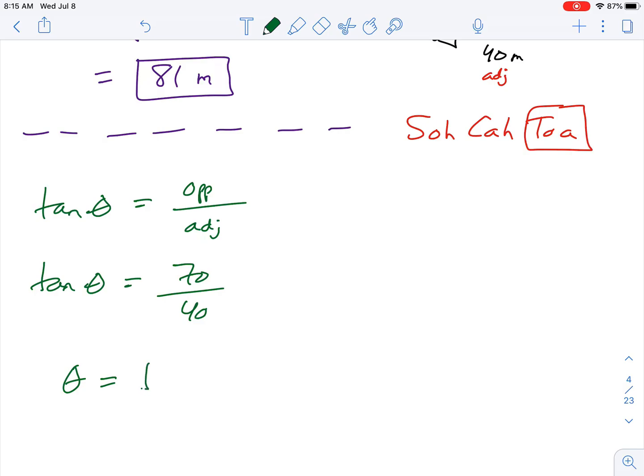So we do the inverse tan of that to find the angle. The inverse tan is how you find angles. And this becomes equal to, make sure you guys are in degree mode, by the way. So we get about 60 degrees.